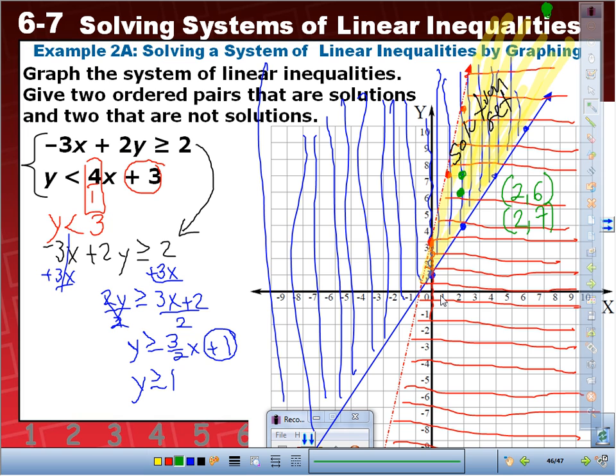What is it? 1, 12, let's see. Is this part of the solution set? No. Look at it. 1, 9, let's see. 1, 9, nope. 3, 6.